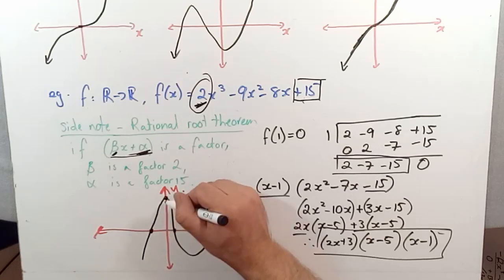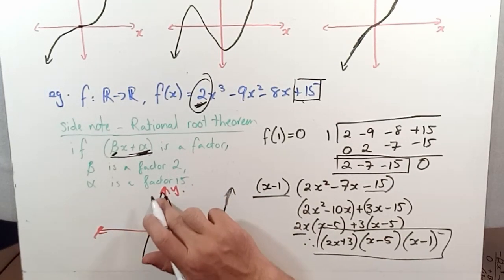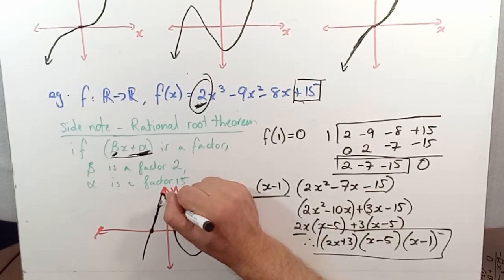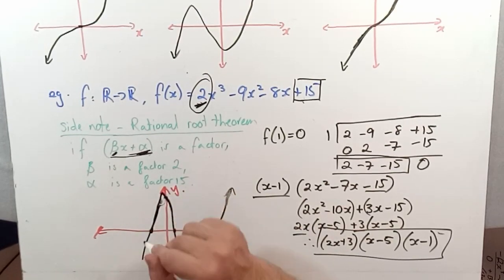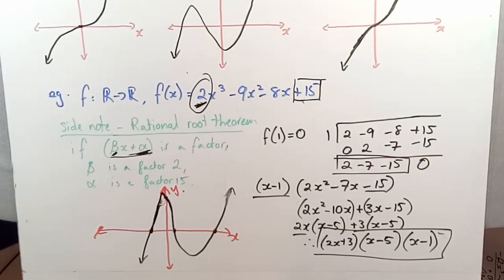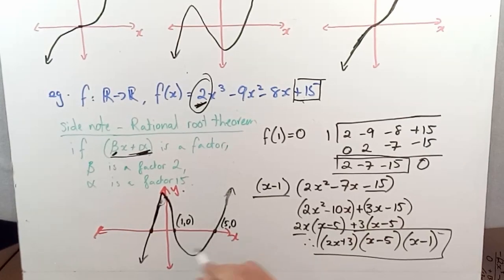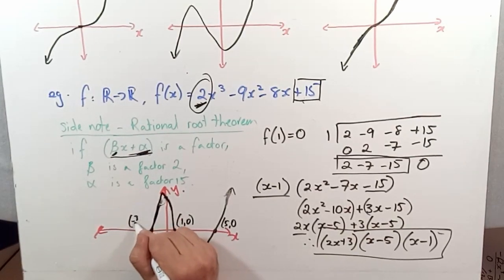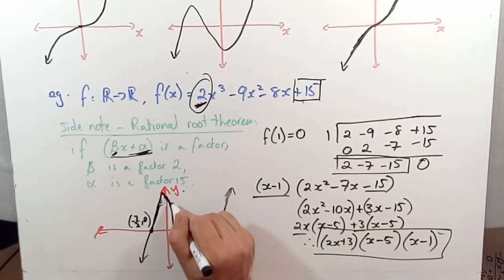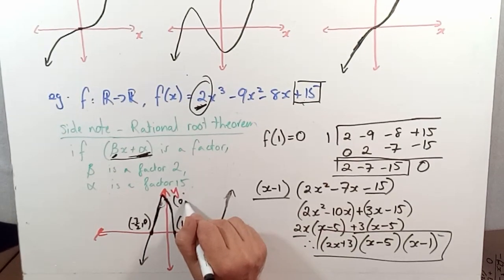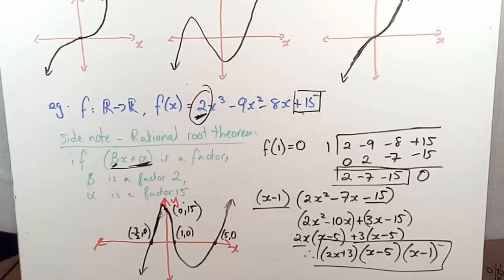Now it might turn a little bit before, doesn't necessarily turn at the y-intercept, so I might make it turn like that. And I might put the coordinates in: 1, 0; 5, 0; negative 3 on 2, 0; and my y-intercept at 0, 15. Perfect. Done.